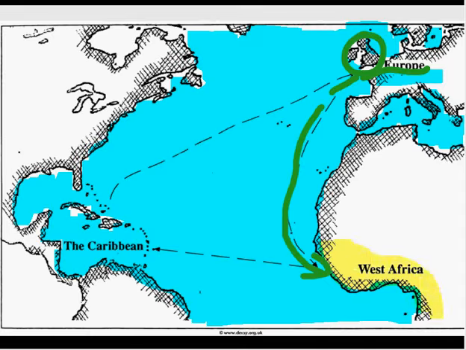And at this time period, there was an active slave trade there in the yellow area, which is the west coast of Africa. So slave traders would go to Africa, pick up a group of slaves, then bring them over here across the Atlantic, stopping sometimes in the Caribbean or just going straight to the colonies. So here's the English colonies right there.